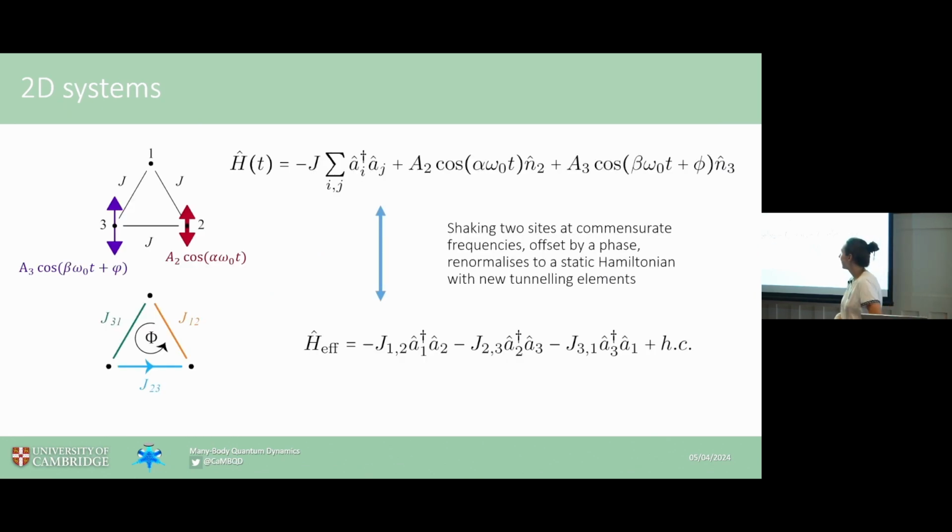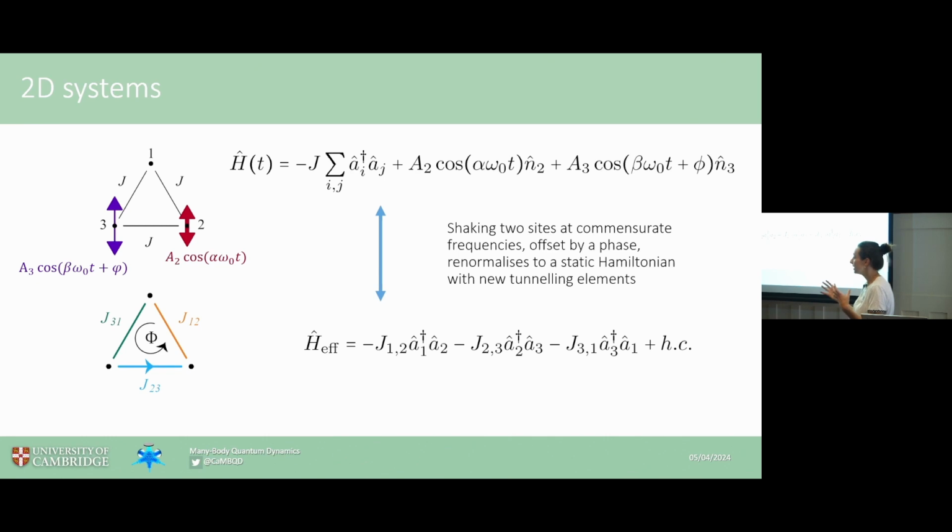Just to look at this closely, in the simplest possible case, we wanted to see what sort of control we have over the relative tunnelings and also the plaquette flux in the simplest 2D system, i.e. a 2D triangular plaquette, just by driving two sites of this plaquette by these two different functions, where site 2 we drive by amplitude A2, site 3 by amplitude A3, and slightly different frequencies, where we have this base frequency omega naught, but site 2 is driven by alpha omega naught, where alpha is some integer, and beta omega naught characterizes the driving frequency of site 3.